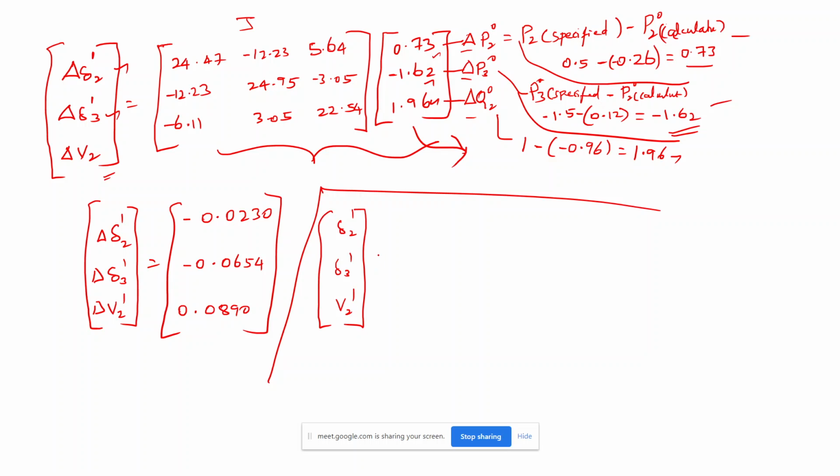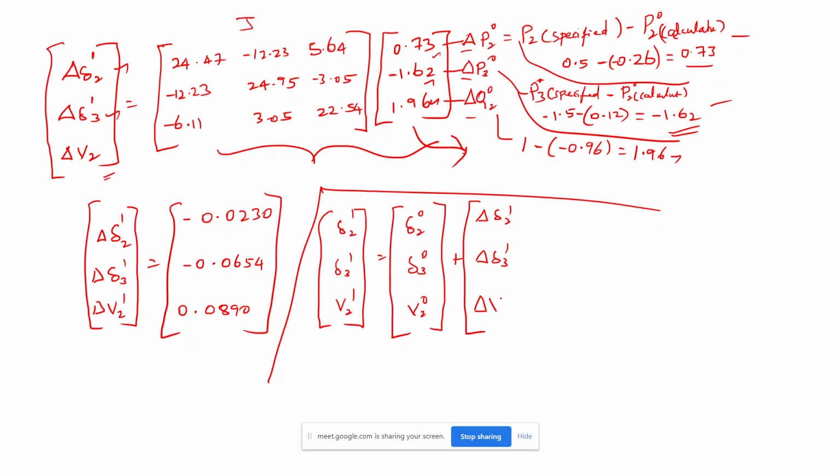The formula for this is nothing but the old value, the old iteration value, del 2 0, del 3 0 and then V2 0, plus this value. So it is updating from old value to new value, right? So this is nothing but del 2 1, del 3 1 and then V2 1.